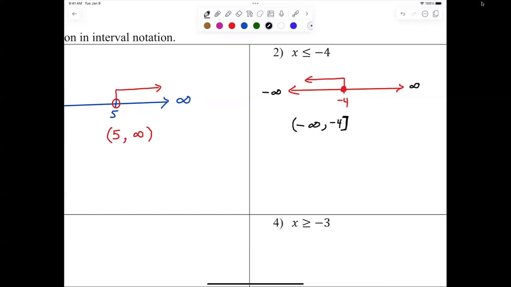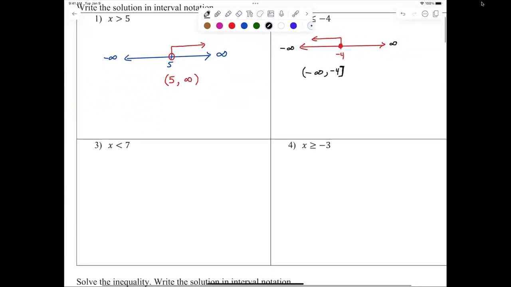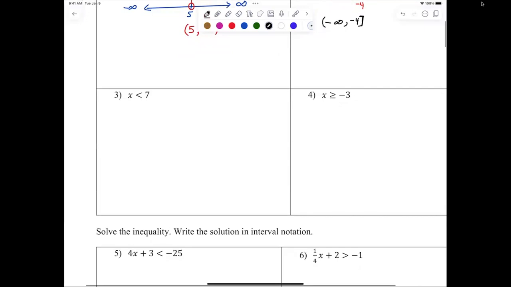So now let's see how great of a job I did for number 3. Some of you might say, do I have to write the number line? Eventually, no, you won't. If I say x is less than 7, that means you're heading towards negative infinity. Those of you who understand can just write negative infinity to 7, and you're done.